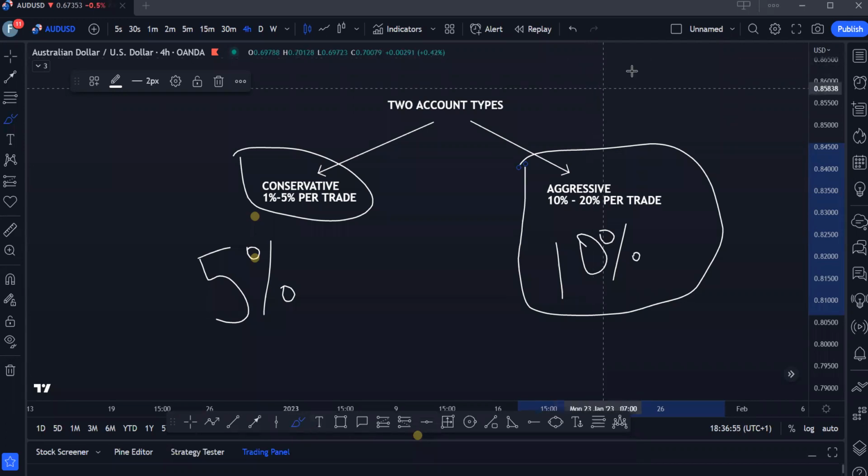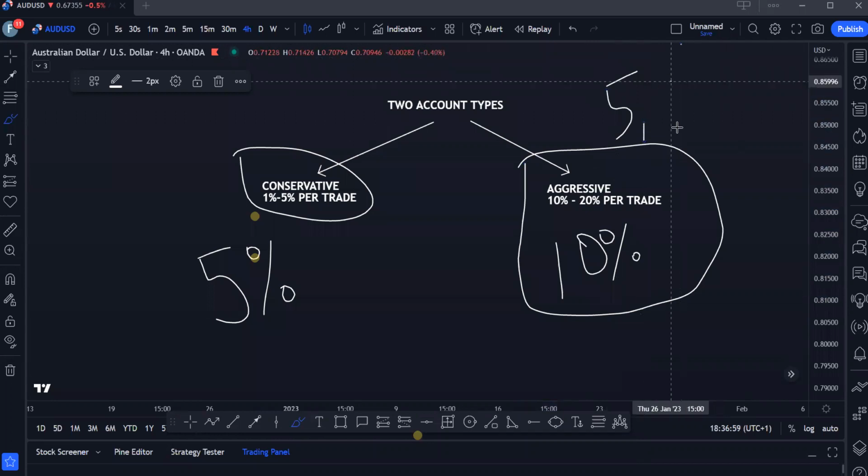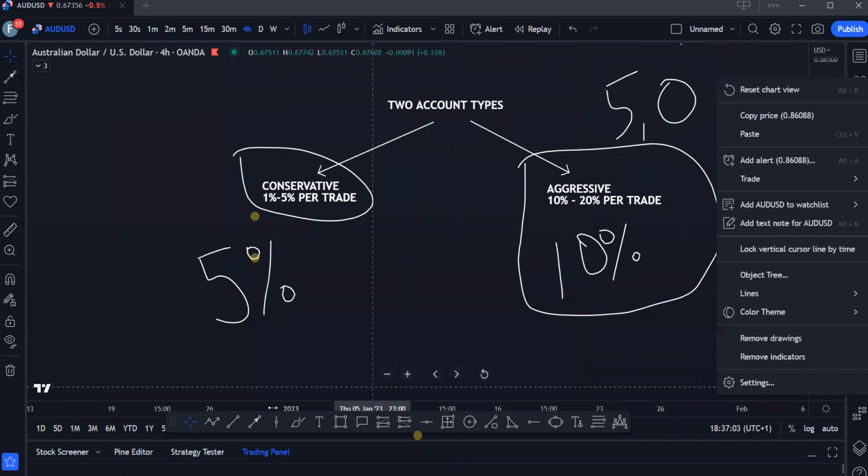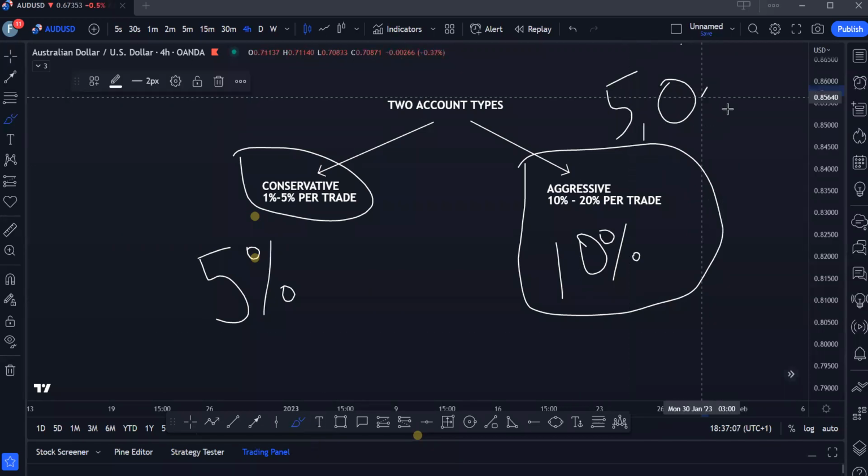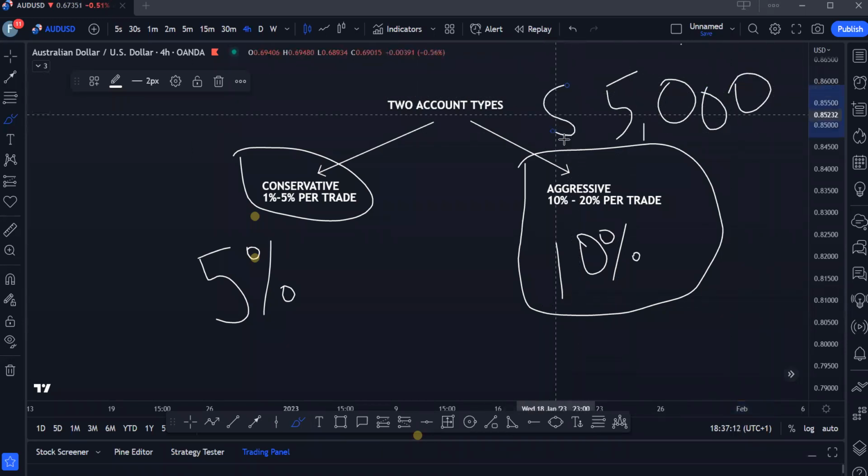So you are trying to turn $100 to $5,000.